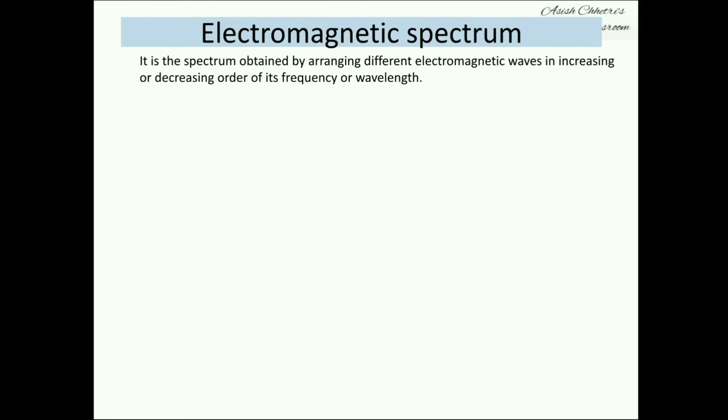Now if we arrange all these electromagnetic waves in increasing or decreasing frequency, or increasing or decreasing wavelength, they form a band or a pattern. This is called the electromagnetic spectrum. Now let us understand it in detail.